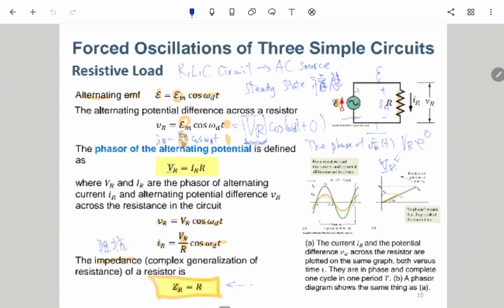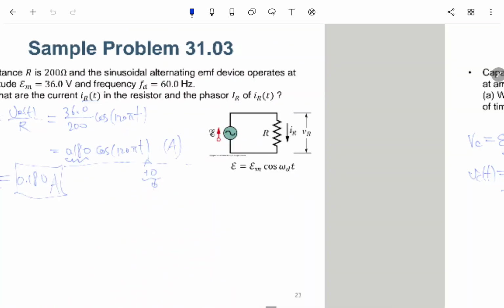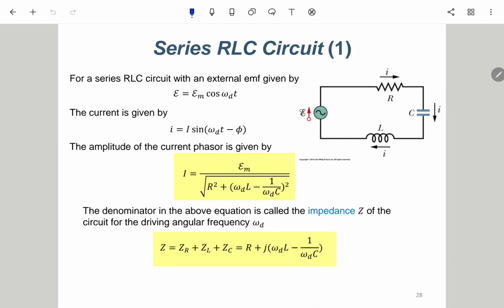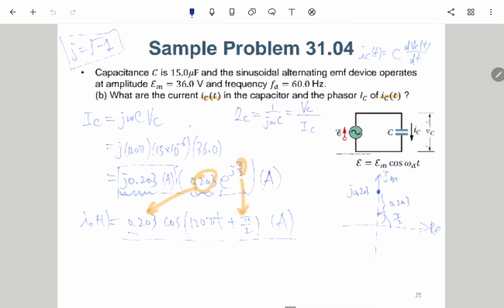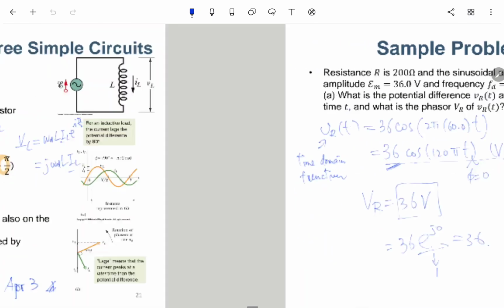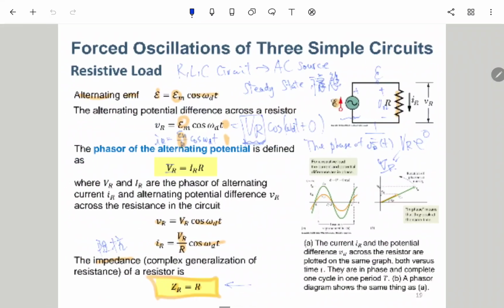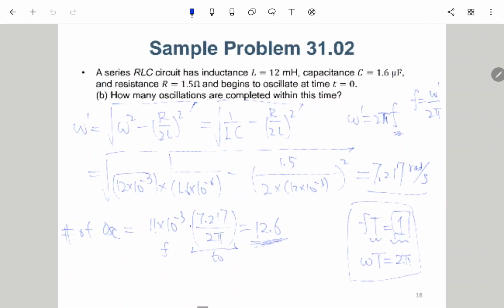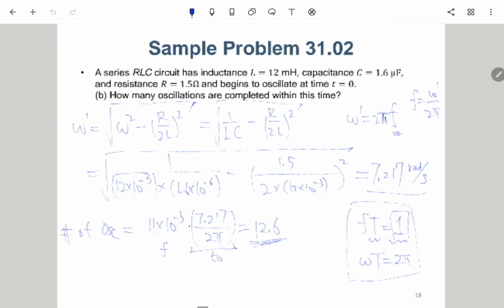But here, when we consider this series RLC circuit, just as I mentioned last time, we would like to consider the steady state response.